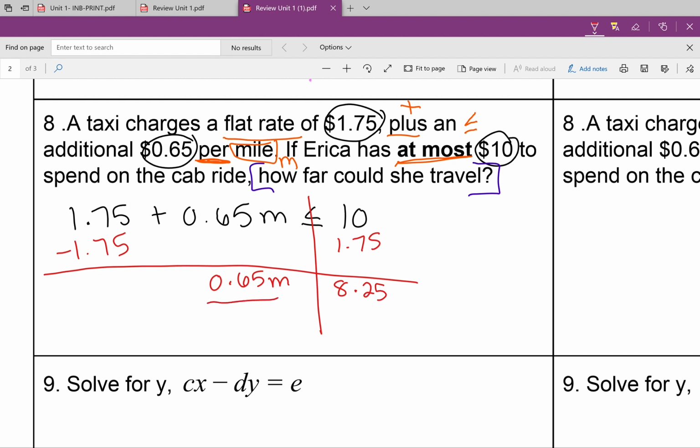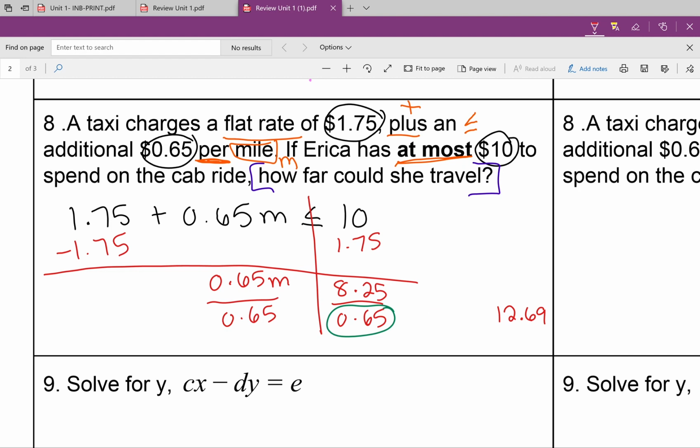Then I'm going to divide by 0.65 to get M by itself. So 8.25 divided by 0.65 is approximately 12.69. So I'm going to write that over here, 12.69. Notice I did not divide by a negative number. Since I did not divide by a negative number, my sign stays the same.